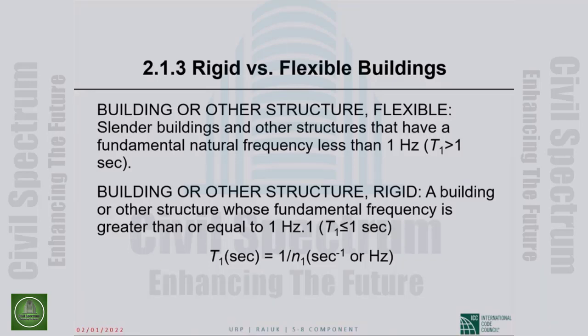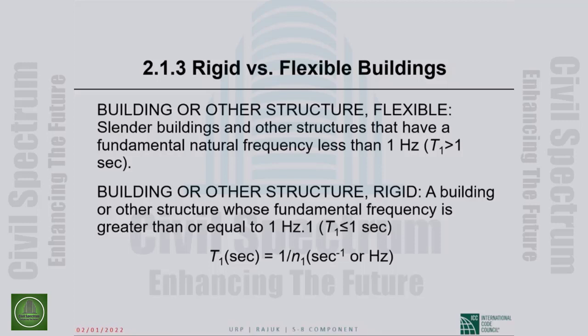Okay? And then to make things more complicated for engineers, wind people are scientists, not engineers, people who deal with wind. And scientists, unlike engineers, do not talk about period. Their thing is frequency. Frequency is the reciprocal of period.